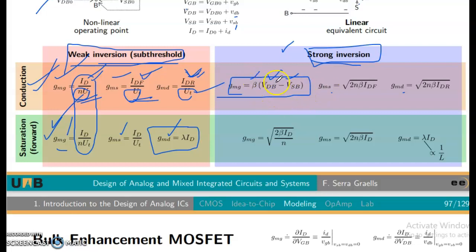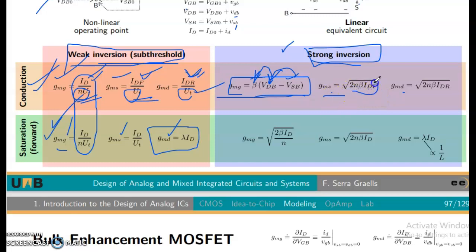In VDB we subtract VSP and multiply with beta. GMS equals two times n multiplied with beta and ID forward.